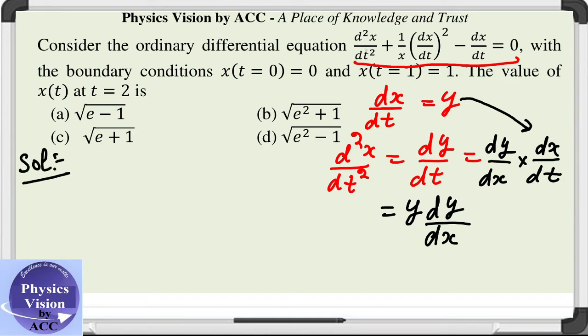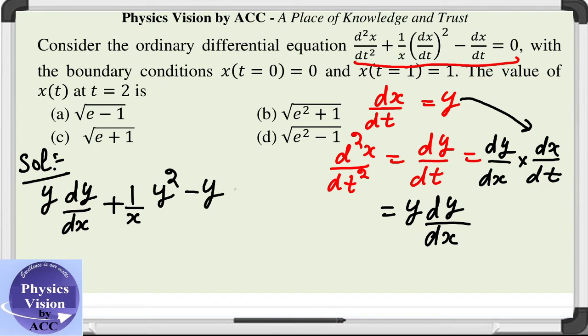So writing down this equation, the differential equation becomes d square x by dt square, which is y dy by dx. We are just simply eliminating the variable t from the differential equation, plus 1 by x into dx by dt whole square, which is y square, minus dx by dt, which is y, is equal to 0.